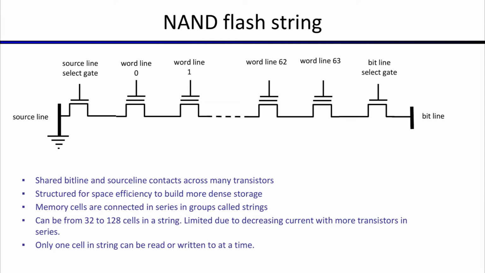Only one cell in a string can be read or written at a time, because what you sense at the bit line is whether a cell is on or off, and you can only determine that by looking at one cell. If you were trying to get two cells that are on, there's no way for you to find out which one it was.